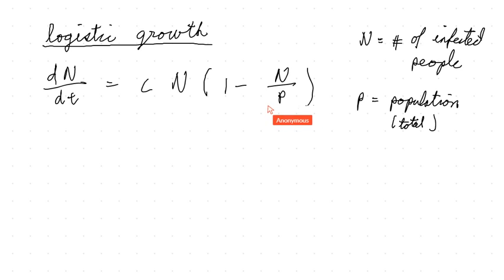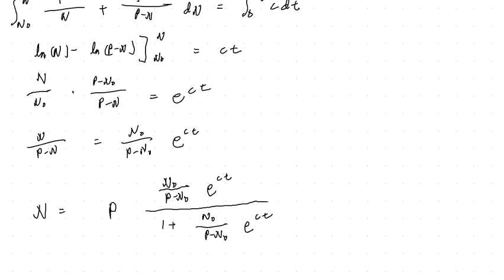So we could actually solve this mathematically as well. I'm not going to bore you with the math, and I'll just do it. And there we go. We integrated some stuff, and we get this ugly looking equation over here, but it's actually not that bad, and I'll explain to you what it means. So p over here is the population, n is the number of infected people. We already know that.